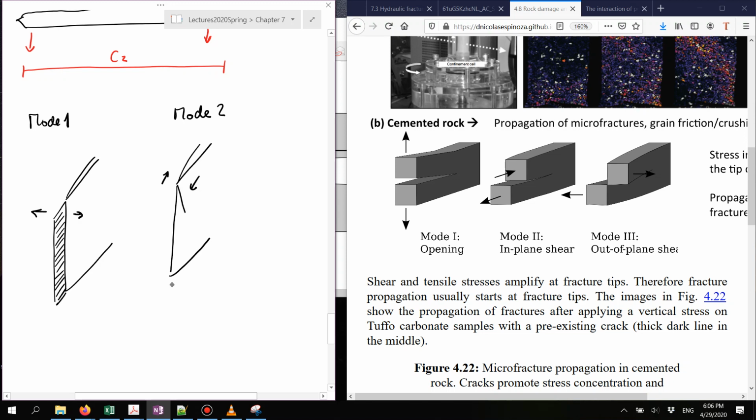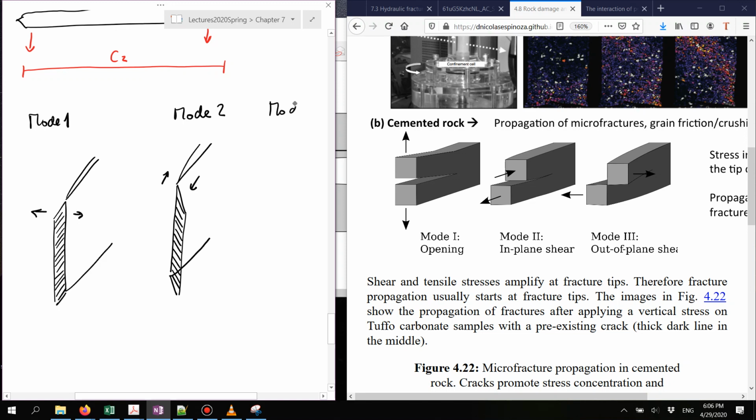And this additional stress is going to make this fracture change its direction and go according to the shear stress at the tip.